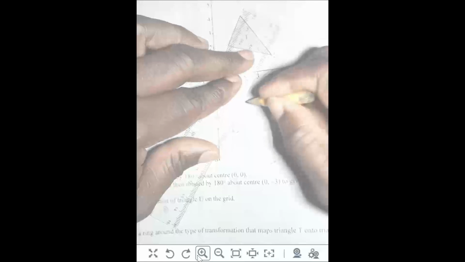So I need to join them together. So from A prime prime to B prime prime, I will join them together like this. Then from B prime prime to C prime prime, I also join them together like this.